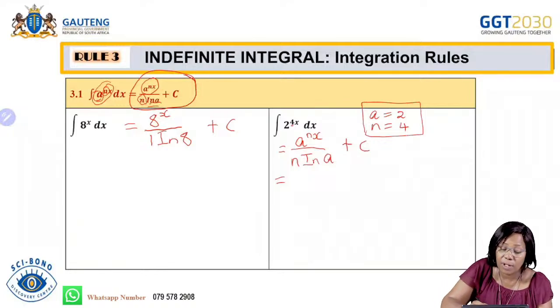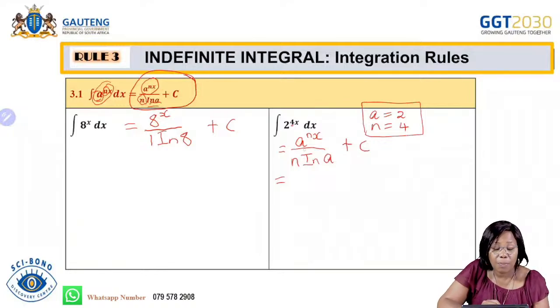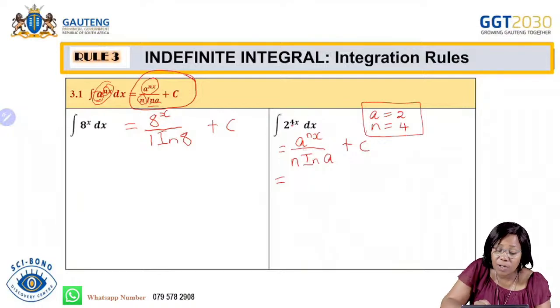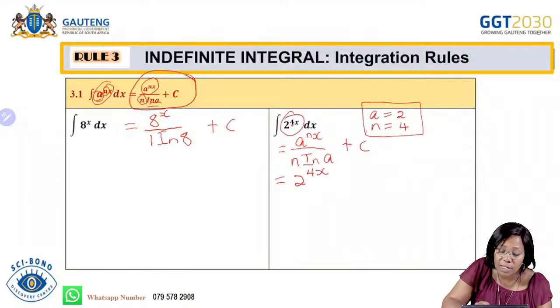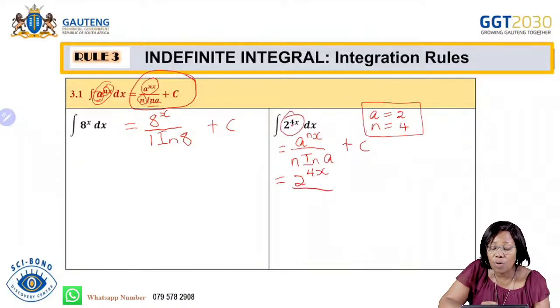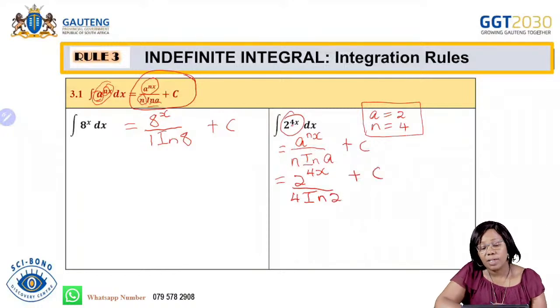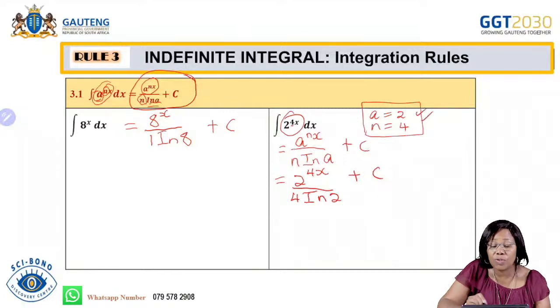Now I can substitute, because I have identified my a value and my n value. Remember, the top part is exactly what you have, of which a is 2 and then n for x, which is that expression. And then all over the n, which is 4, and then you have the ln of a, which is 2, and then the plus c. I hope this will also assist you, grade 12.